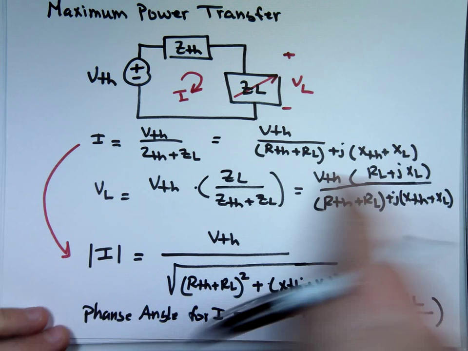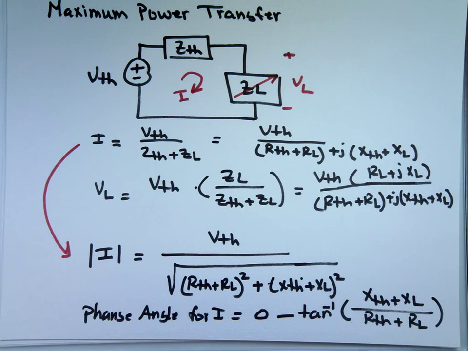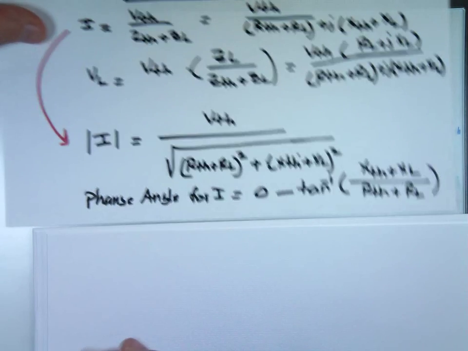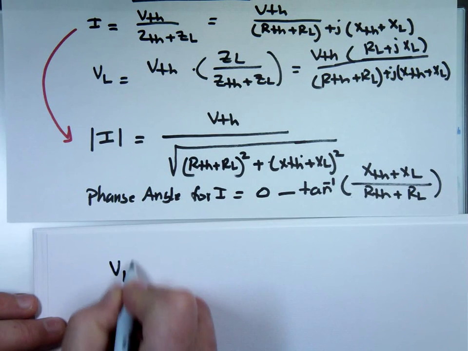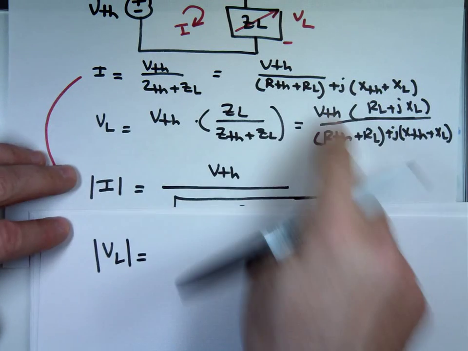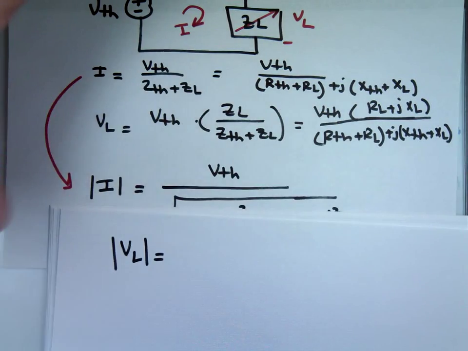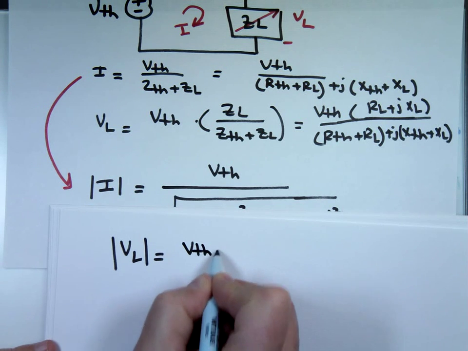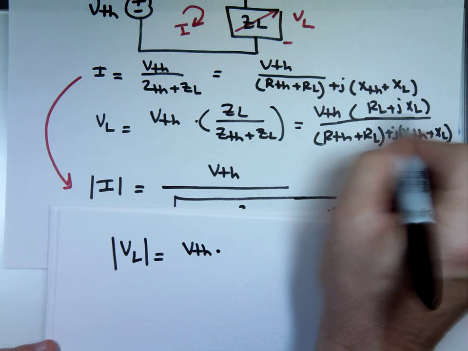This one's a different story. VL is a little bit uglier. The magnitude of VL: V Thevenin is just a pure number, so it's V Thevenin times the value of this. What's the magnitude of the top?